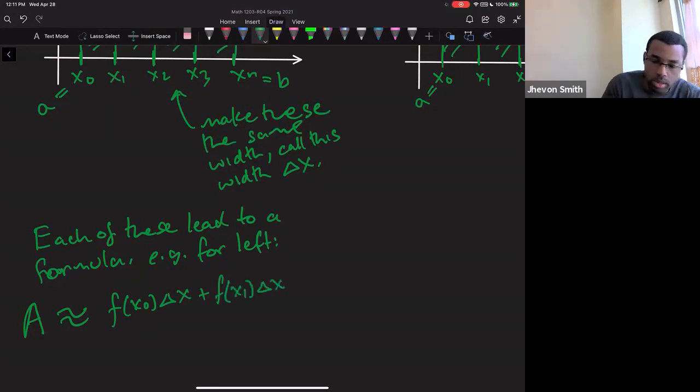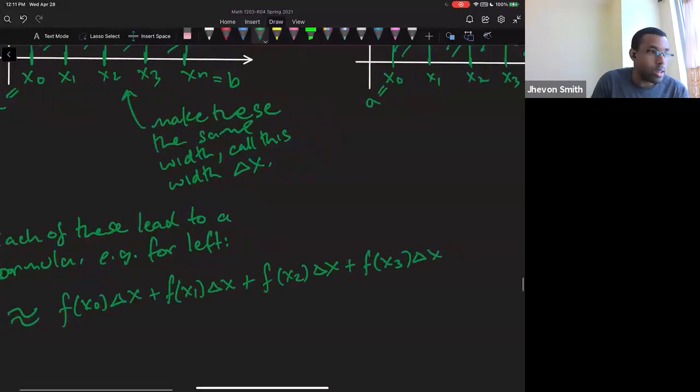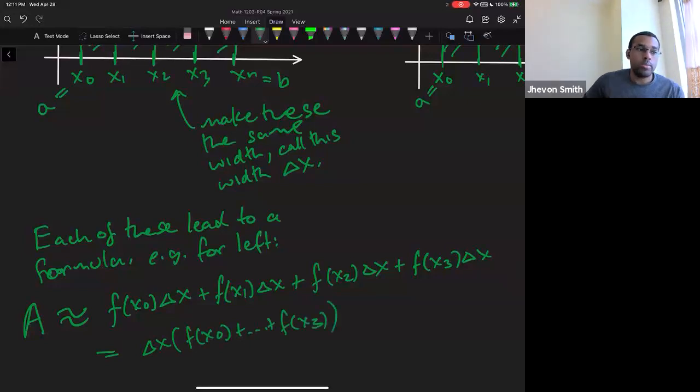You're just taking length times width, plus f of x2 times delta x plus f of x3 times delta x. And notice that delta x is a common term, so you can even do delta x times f of x0 all the way up to f of x3 in practice.